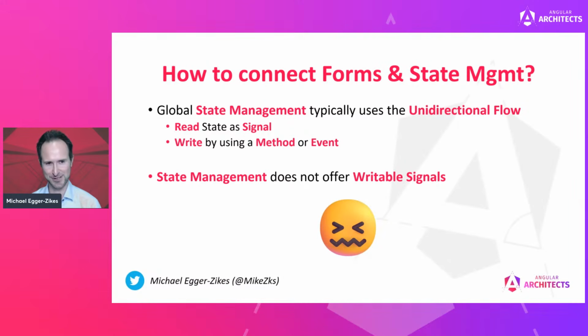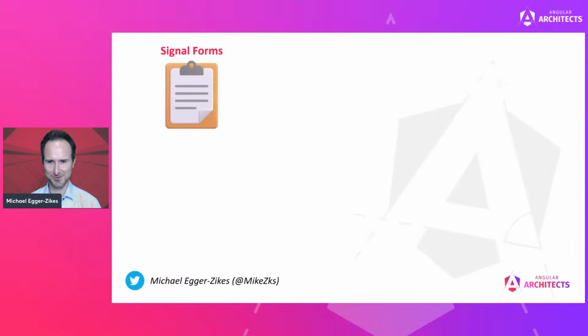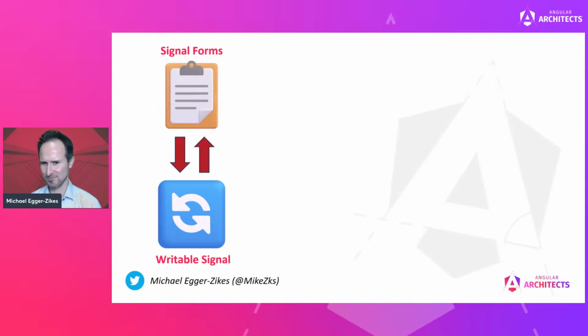What can we do actually? Just to put this on one slide, we have a signal forms implementation. The signal forms implementation synchronizes with the writable signal. We discussed this at the beginning of this webinar. Then we have a signal store here. That's kind of our container that manages the state and side effects. And now the question is, how do those parts come together?